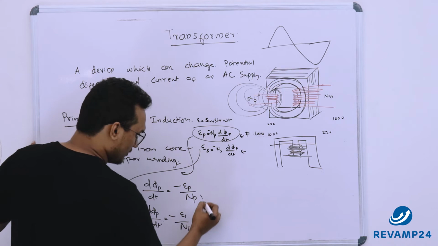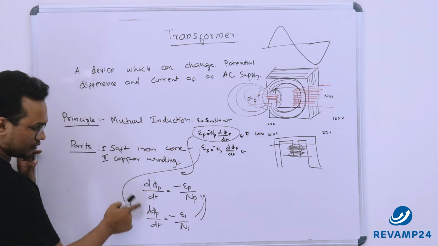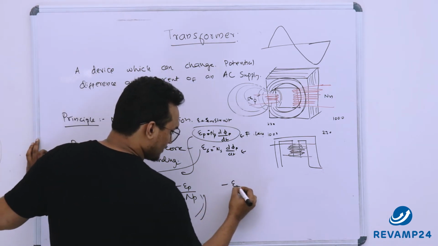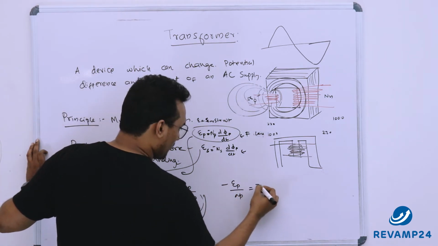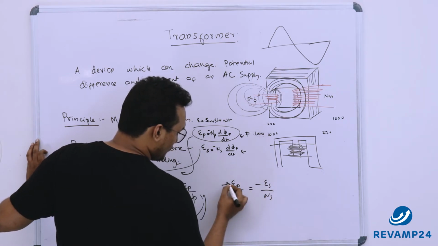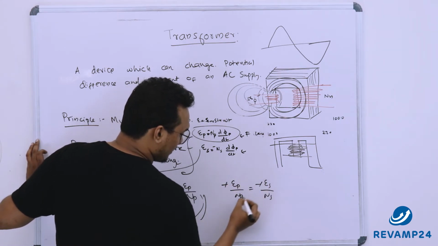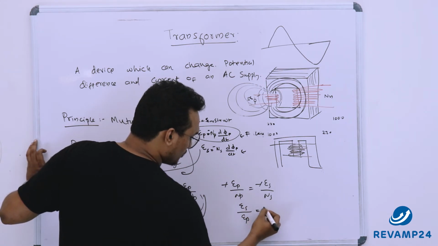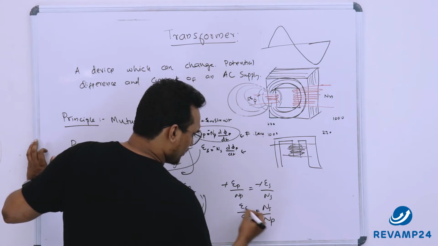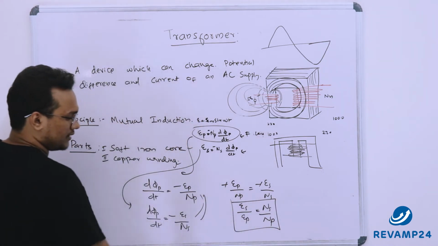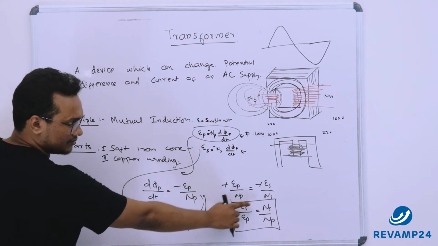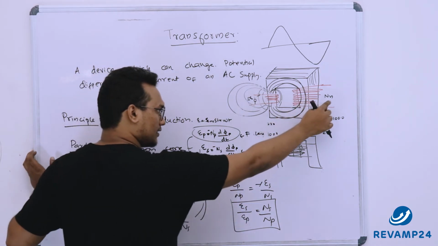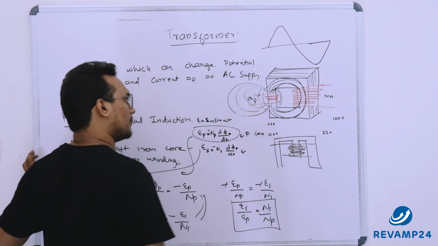Now I can equate these two because they are the same quantity: minus ep by Np is equal to minus es divided by Ns. Minus minus will cancel. Now I can say that es divided by ep is equal to Ns divided by Np. This is a very important relation. es, the EMF in the secondary, divided by the EMF in the primary is equal to the number of turns in the secondary divided by the number of turns in the primary.